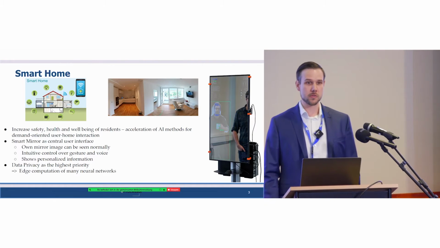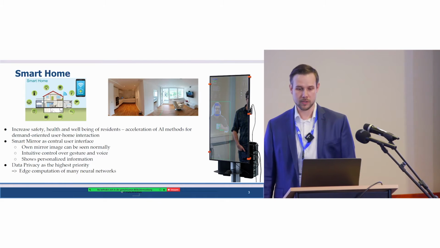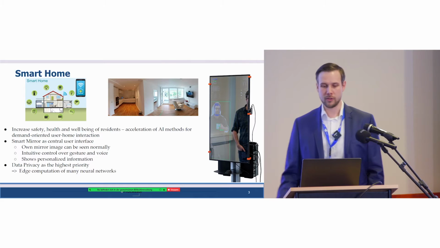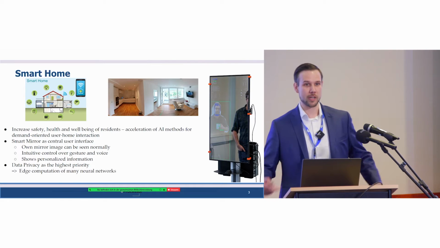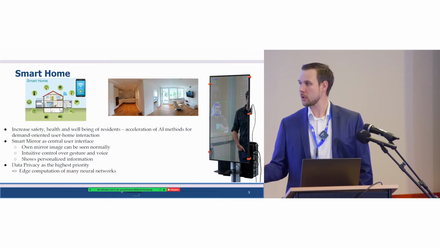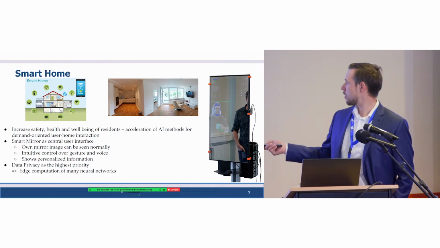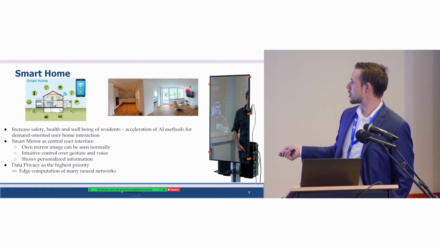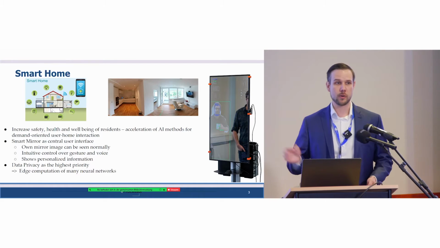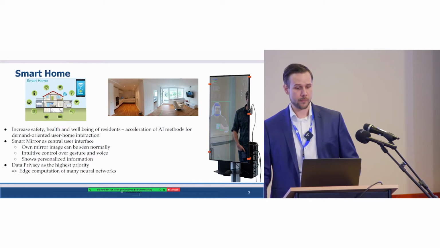Firstly, I want to introduce the smart home use case that is done at our apartment. It is to increase safety, health, and well-being of its residents and make their life a little bit easier. Very often we have the problem of what the interface with the environment is. We settled for a mirror that shows your image, and then you have some intuitive controls via gestures or with your voice.